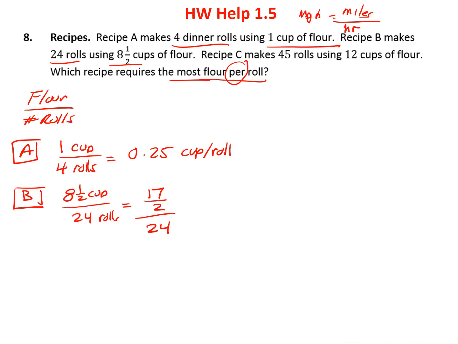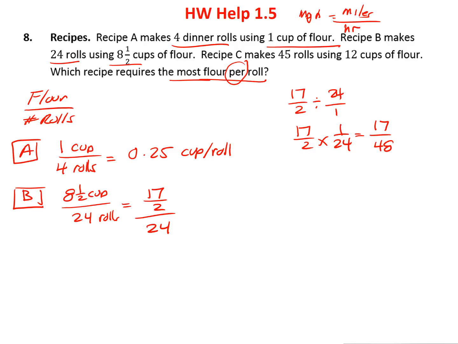If you don't remember how to do that math there, I'll show you over here. If I have 17 halves divided by 24, I'll make that into a fraction as well. And if you remember from elementary school days of dividing fractions, dividing by a fraction is the same as multiplying by the reciprocal. So dividing by 24 is the same as multiplying by 1/24. And now we multiply across and we get 17 over 48.